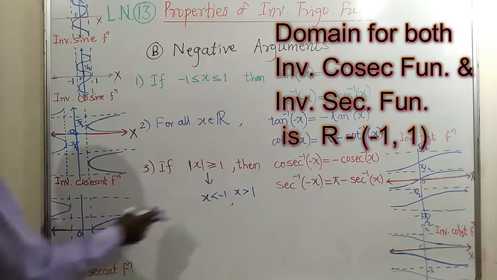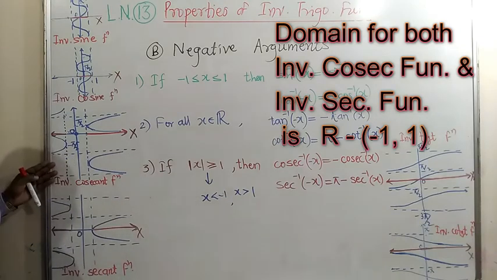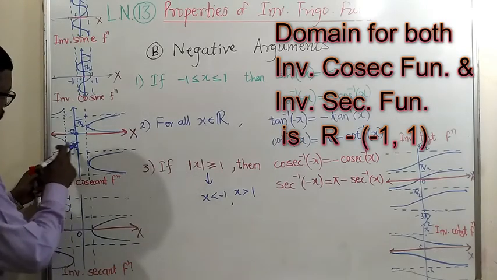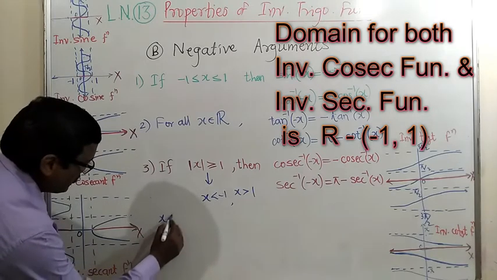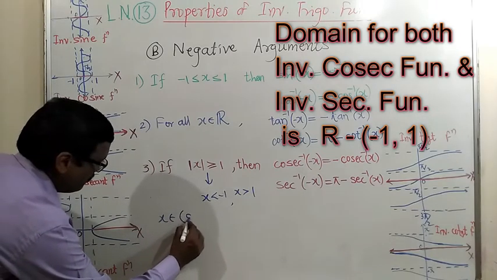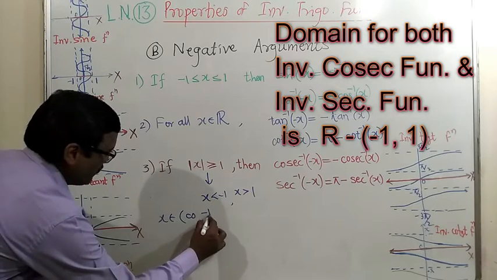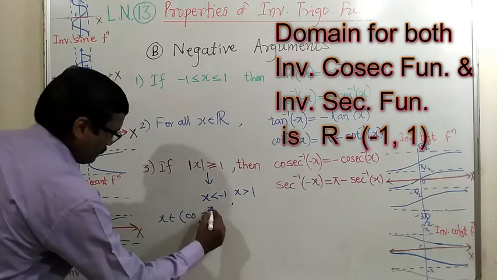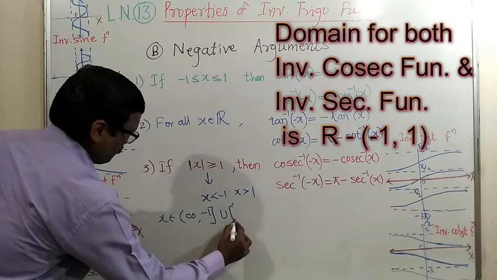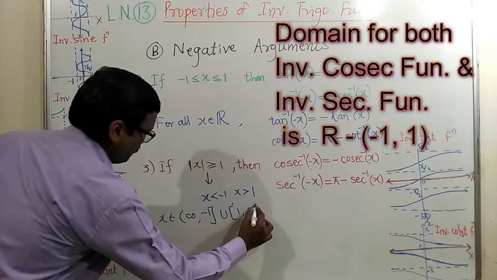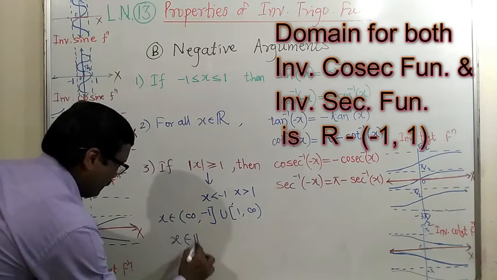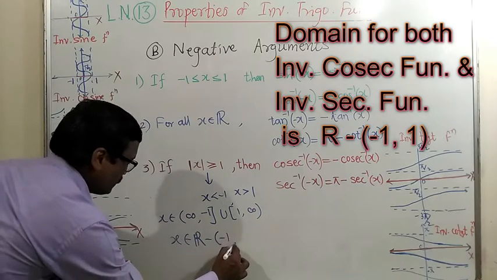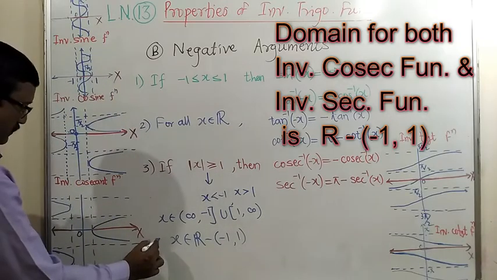So x less than minus 1 means values of x go from minus infinity up to minus 1. So the domain for the cosecant and secant inverse functions is x belonging to minus infinity to minus 1, union 1 to infinity. It has the same meaning as x belonging to R minus the open interval minus 1 to 1. Both are the same.